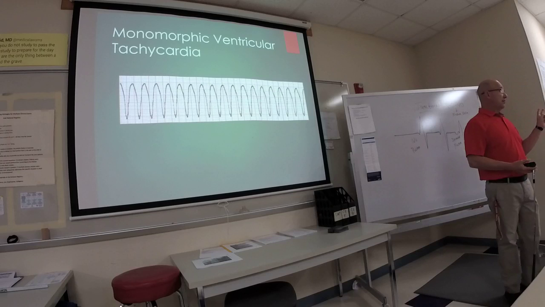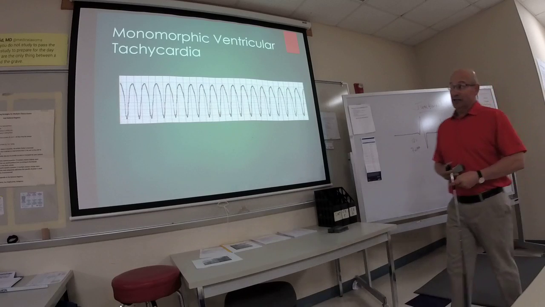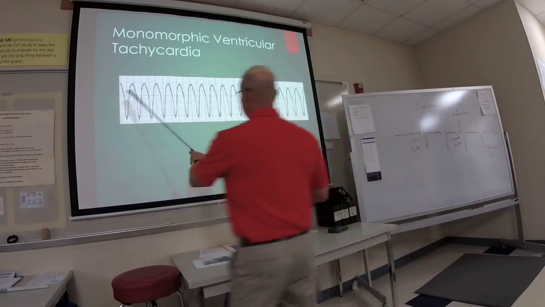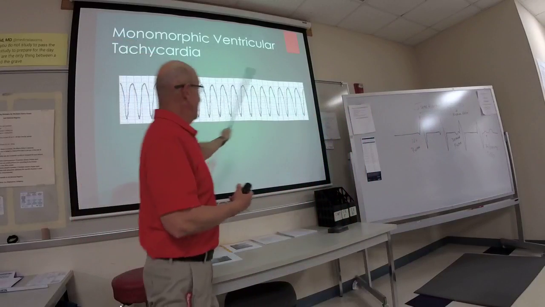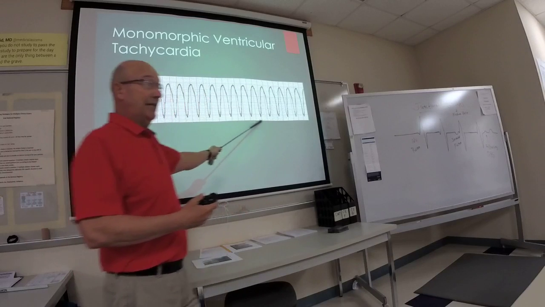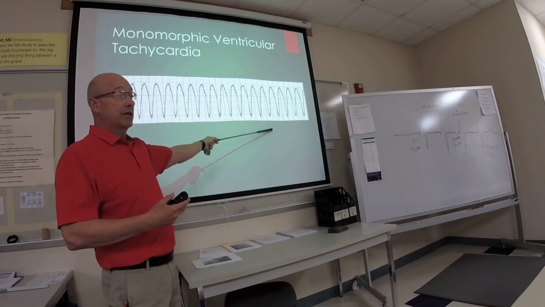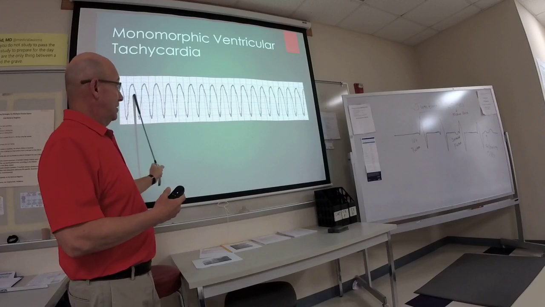Now you can have VTAC with a pulse, VTAC without a pulse. VTAC with the pulse, you're going to have to fix it because you're going to really drop cardiac output here, right? At 190, you're not going to have very much cardiac output.